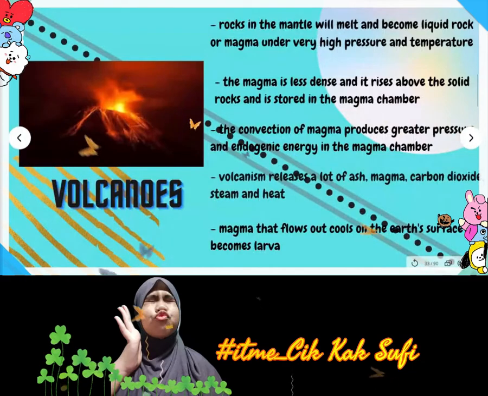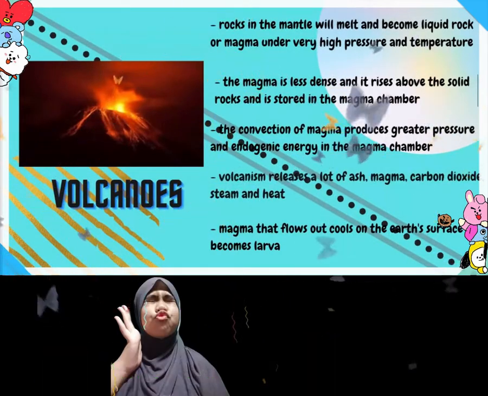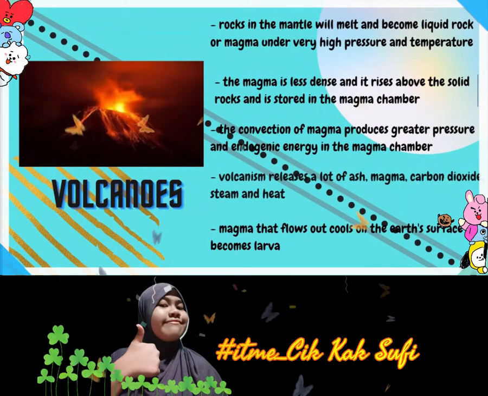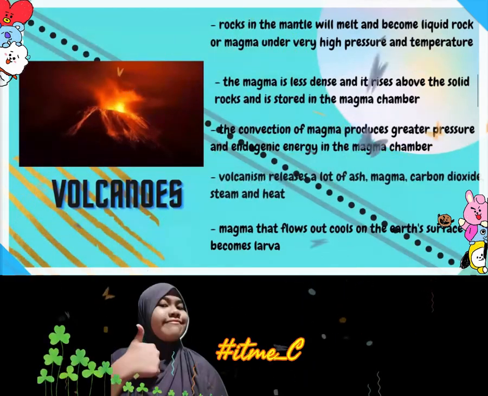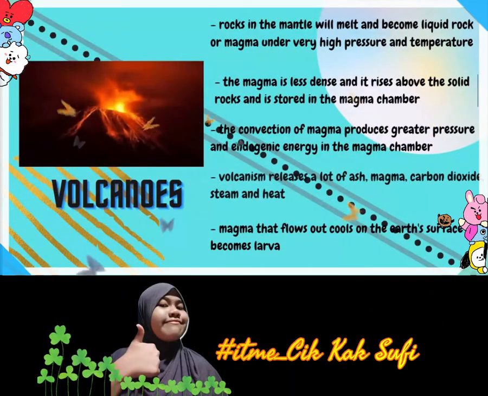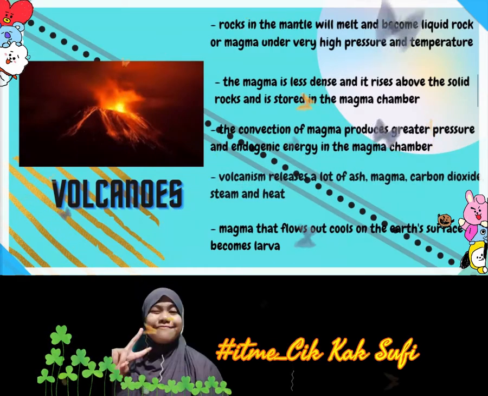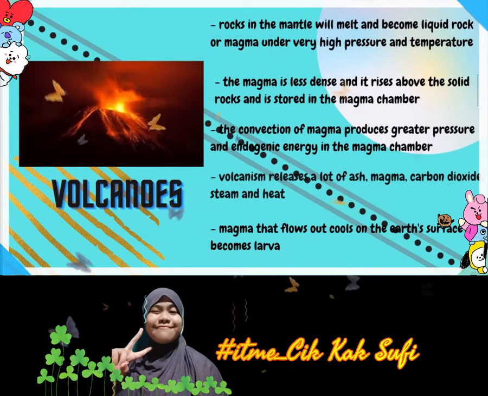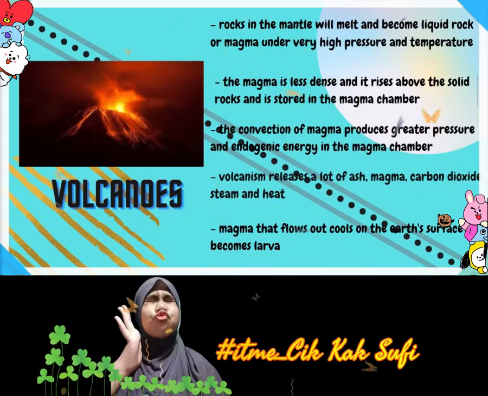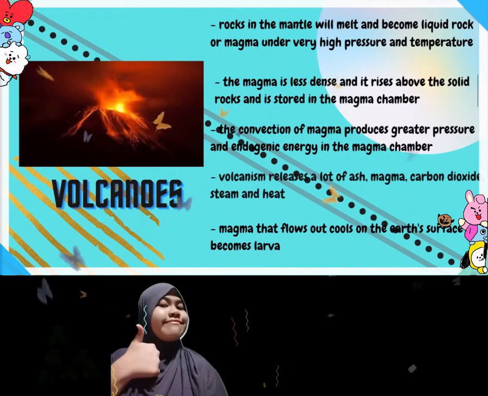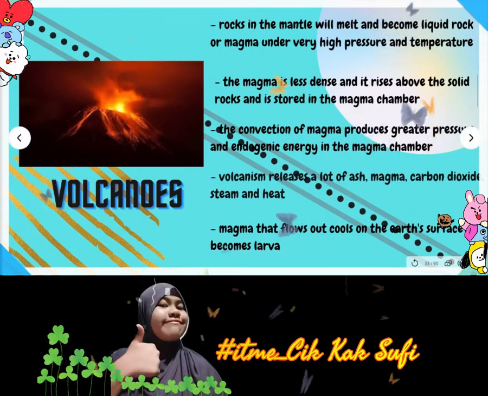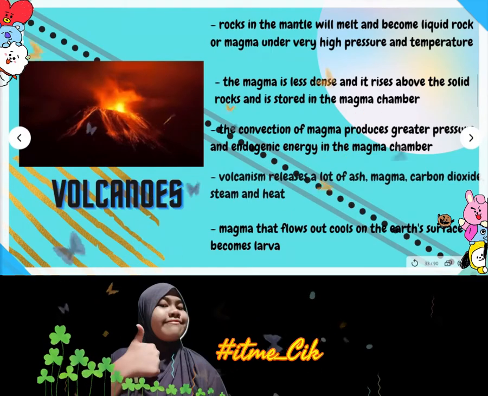So the first geohazard phenomena is the volcanoes. Volcano is when rock in the mantle will melt and become liquid rock or magma under very high pressure and temperature. So the magma is less dense and it rises above the solid rocks and it's stored in the magma chamber.